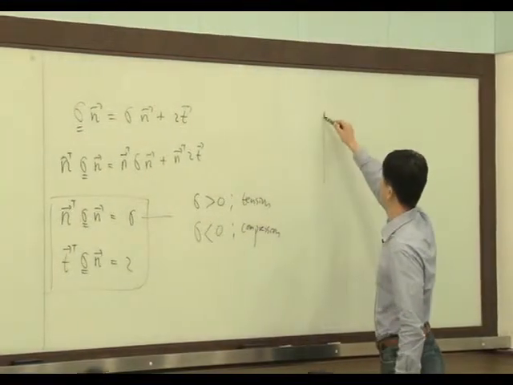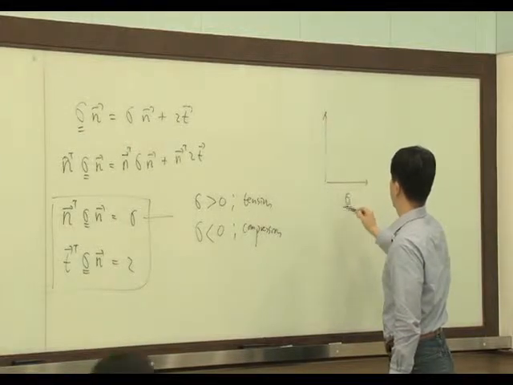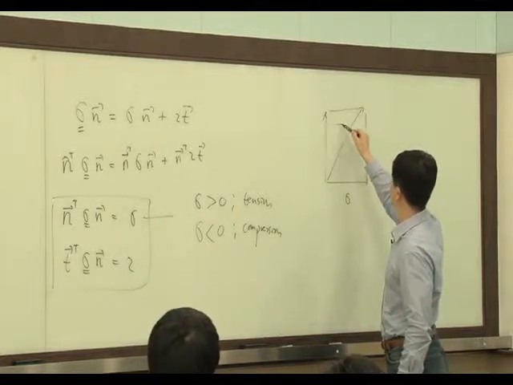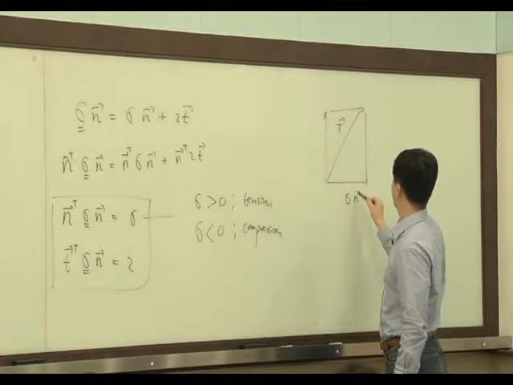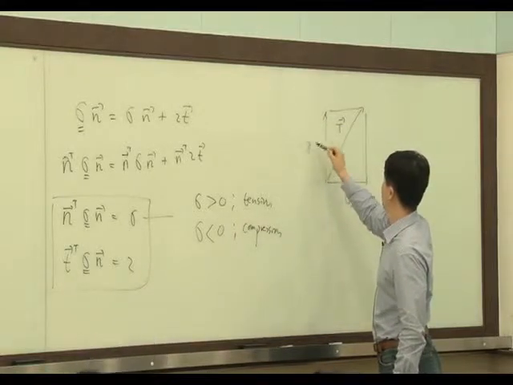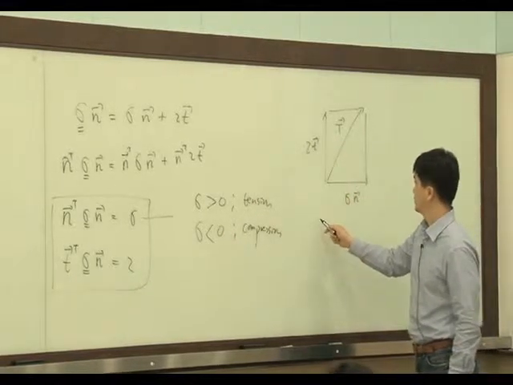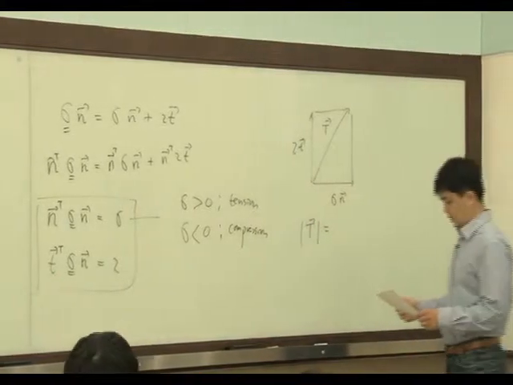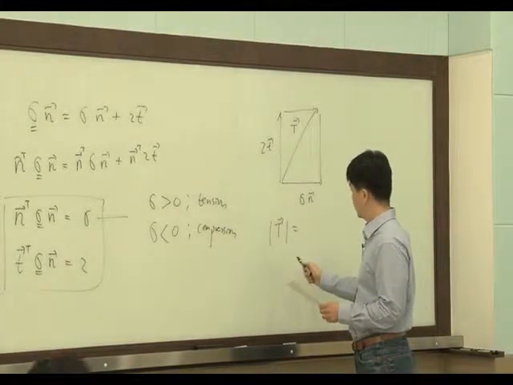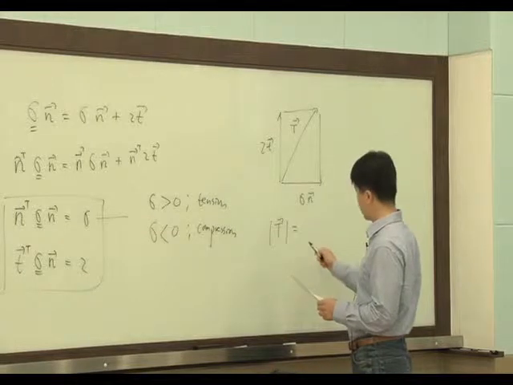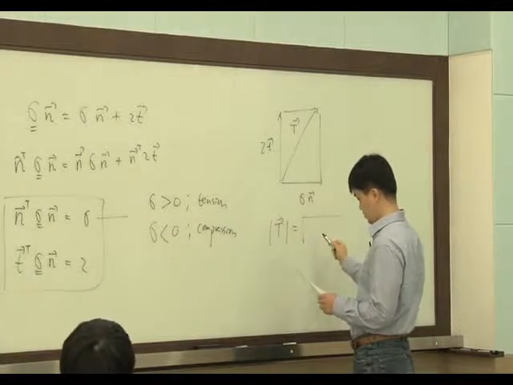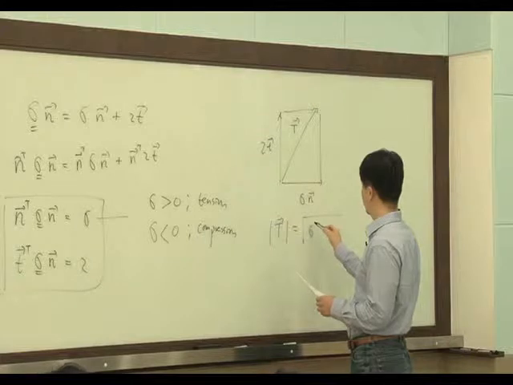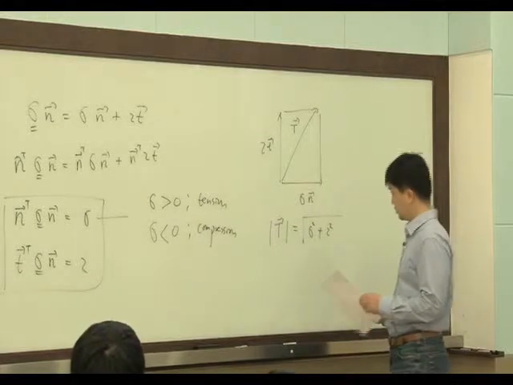So in the vector diagram here, this is tau t, and this is T. The size of T squared equals sigma squared plus tau squared, right?